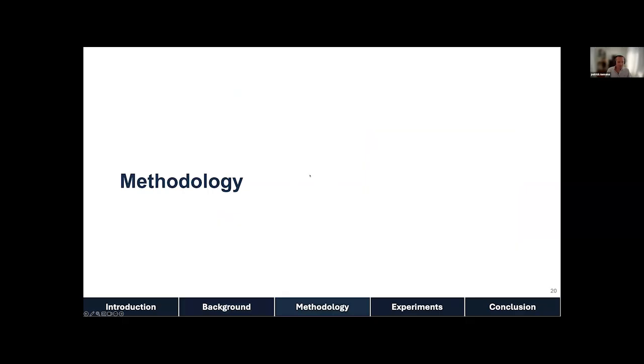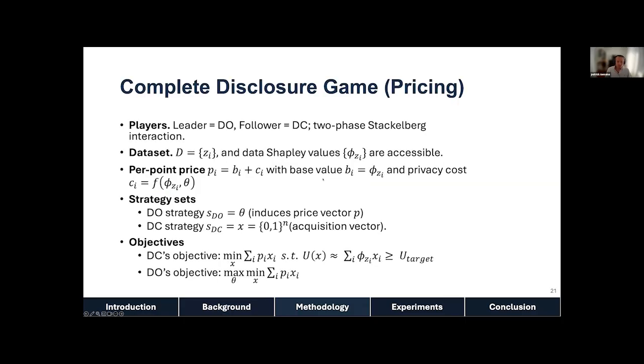So I'll move on. Okay, so now I'll go back to the problem that we're interested in, the methodology. I discussed the game earlier, between a data owner and a data consumer.